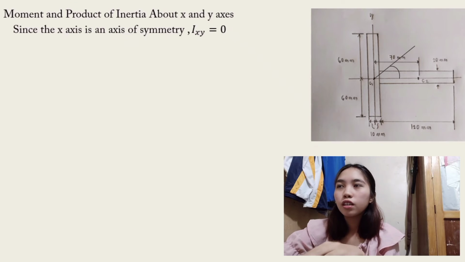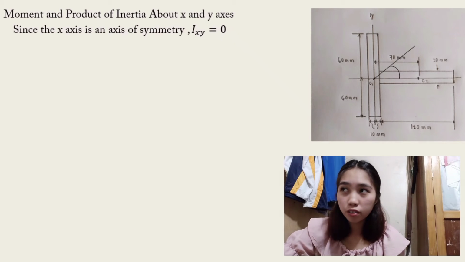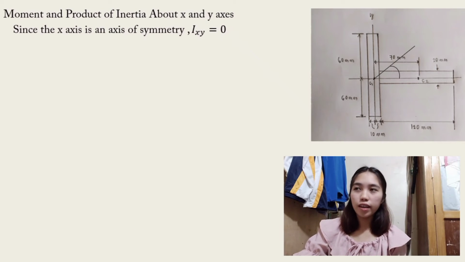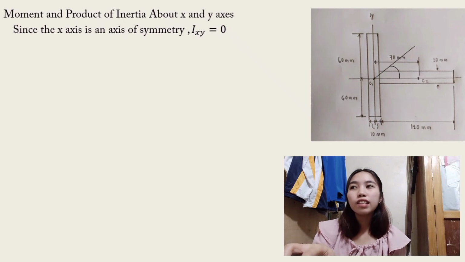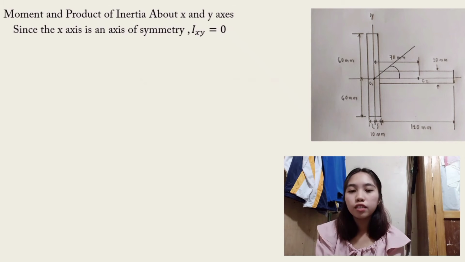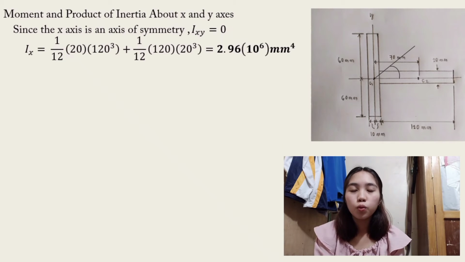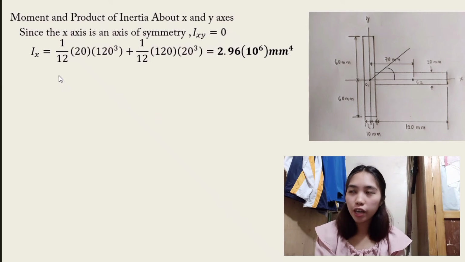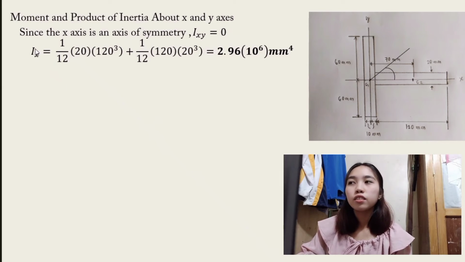So first, we get the moment and product of inertia about the x and y axis. Since the x-axis is an axis of symmetry, the product of inertia of xy is equal to 0. So for I of x, in the parallel axis theorem, we use 1 over 12 times base times the cube of height. Here, for the moment of inertia along the x-axis, we add the two segments.